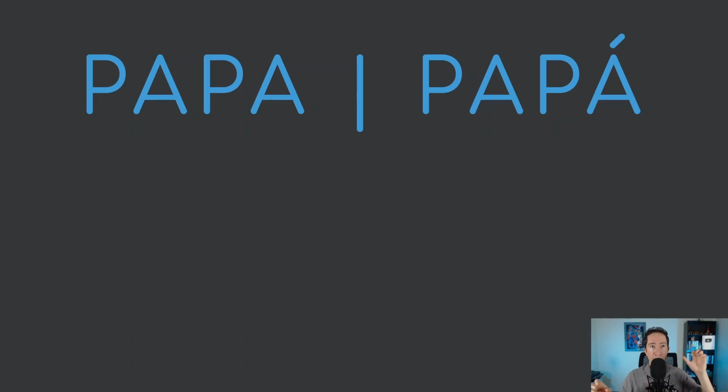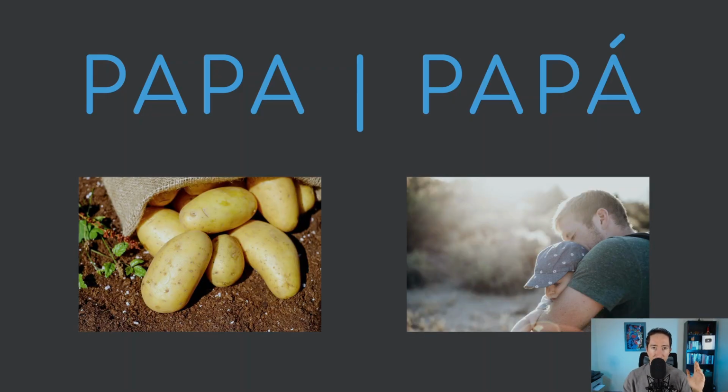So papa is different from papá because that one keeps an accent, and when you have an accent in a specific word, that totally changes the meaning of that word. So for example, in Spanish, papa without accent and papá with accent are totally different.